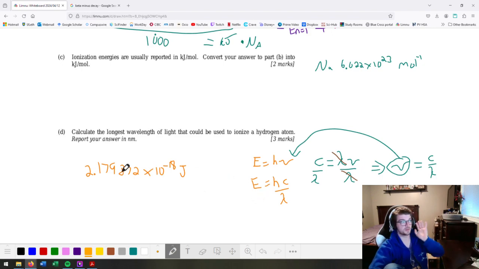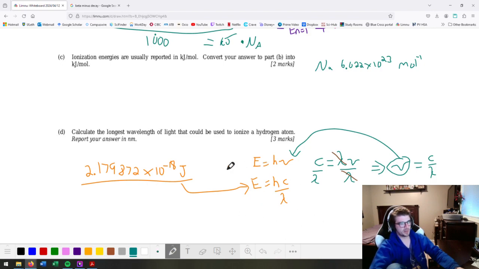So now we've got the equation that we're going to use, and we take this number, which is our E. This is the energy of a photon that would ionize that electron from a hydrogen atom. H is Planck's constant. C is the speed of light, which is also a constant. So our only variable here is lambda.